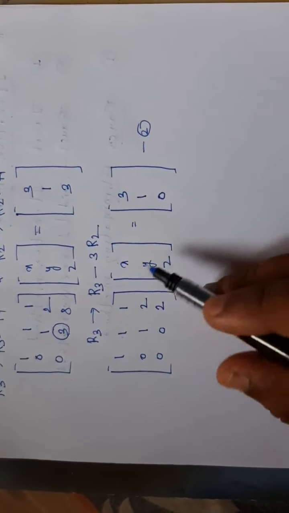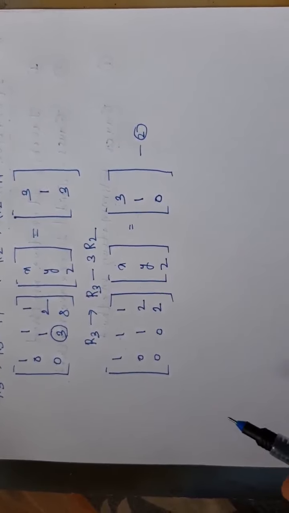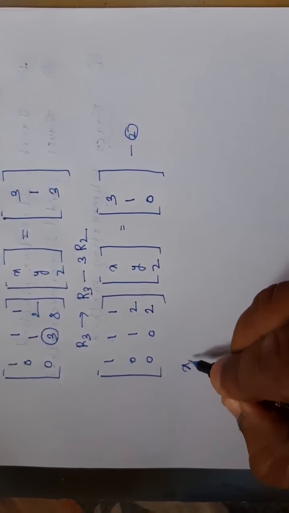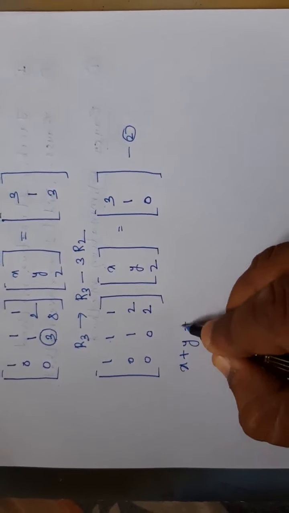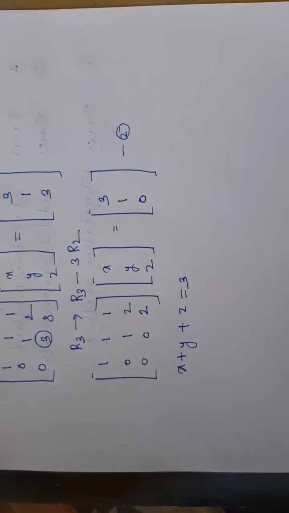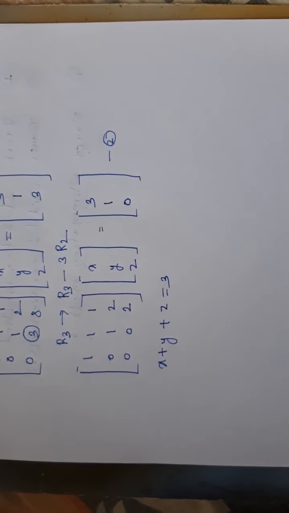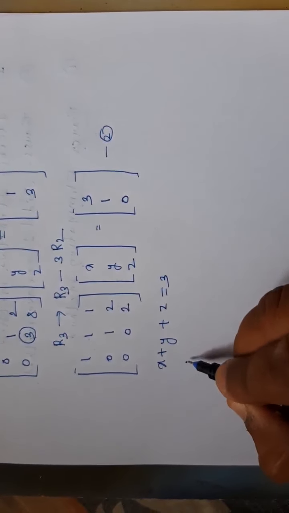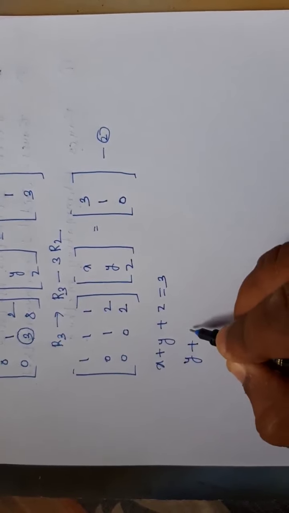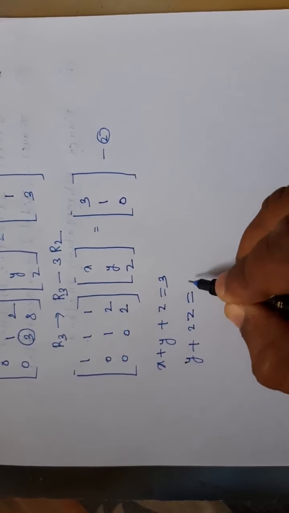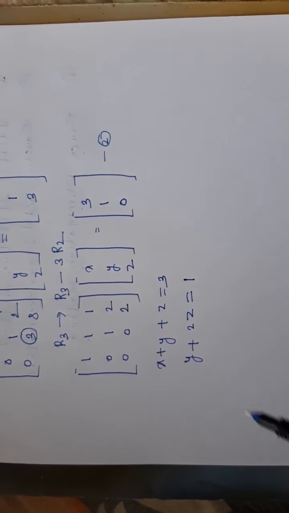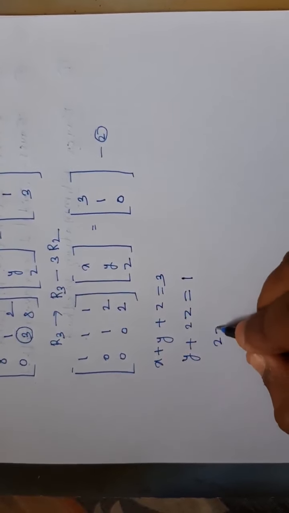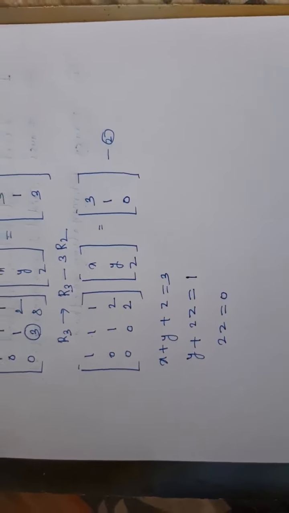Again I will write this in equation form. It becomes x plus y plus z is equal to 3. Here x is absent, so y plus 2z is equal to 1. Here x and y are absent, so 2z is equal to 0.